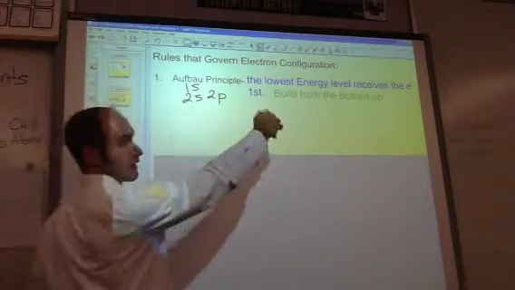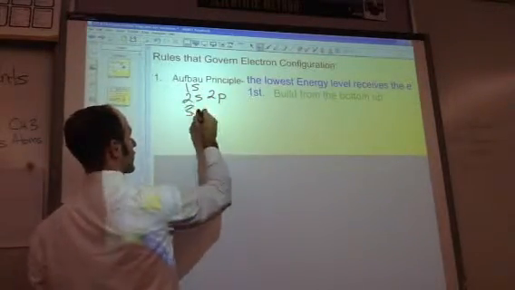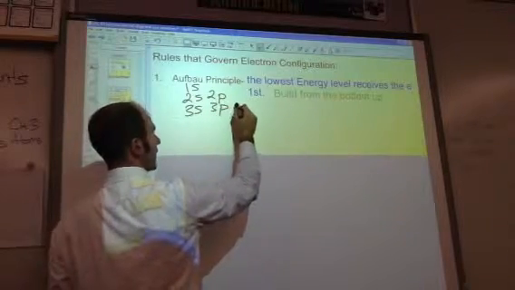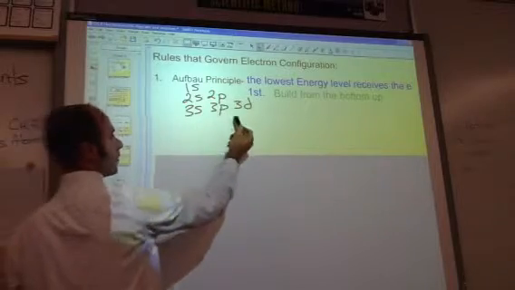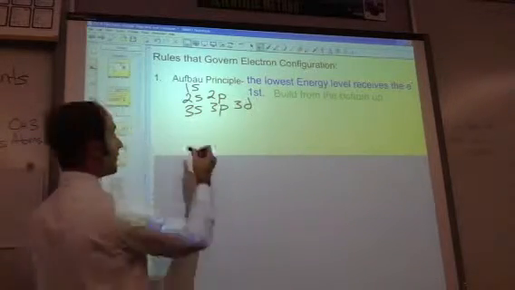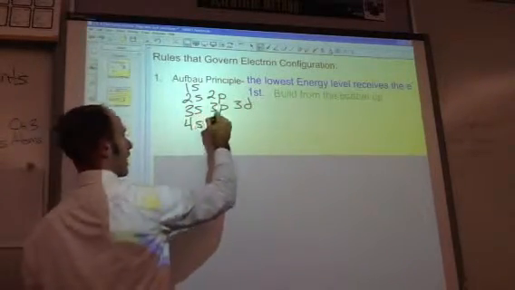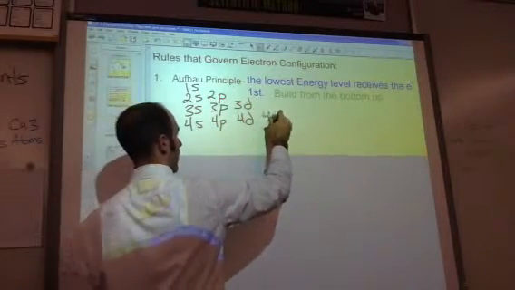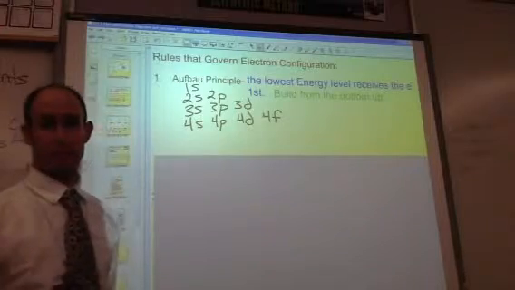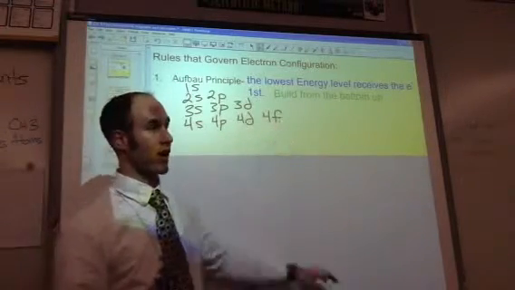Third one, how many is it going to have? 3. 3s, 3p. What comes after p? D. 3d. Again, sphere, dumbbell, kind of like a clover. Fourth one, 4s, 4p, 4d, and 4f. Right? But do we need to know f for our class?